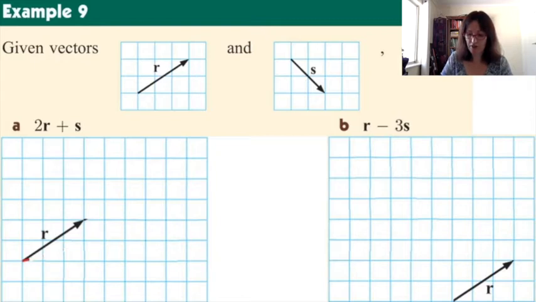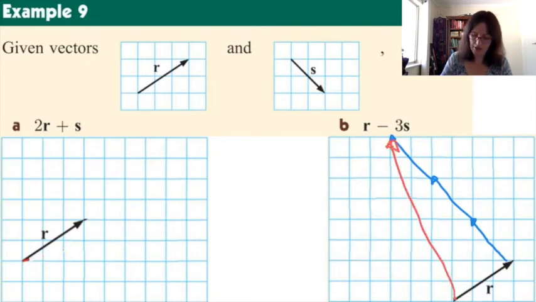And we want 3 of those. So from the arrowhead, we're going up 2 and left 2, and then again, using your ruler, of course, and again. And then connecting the beginning of R to the end of those negative 3S, using your ruler please, unlike myself, then we've got R take 3S as our resulting vector.